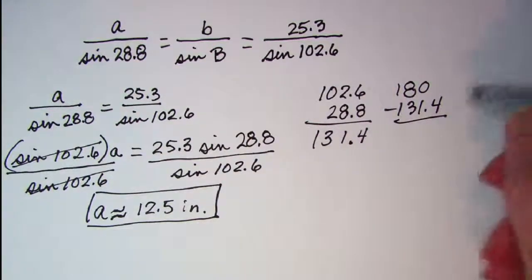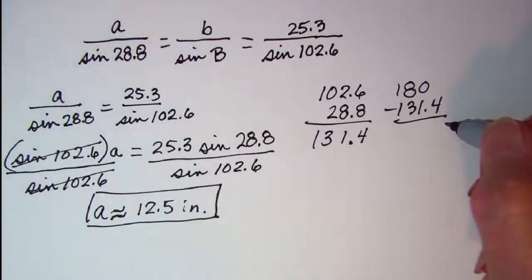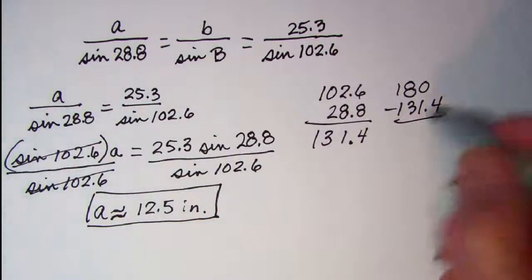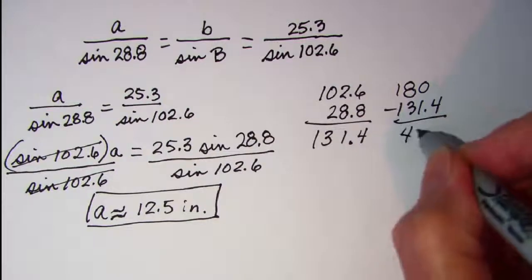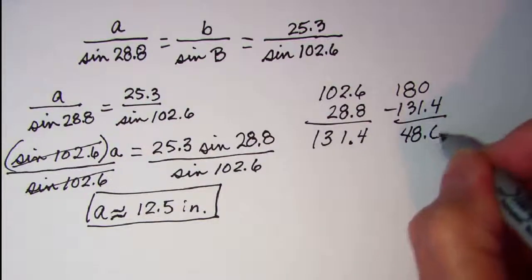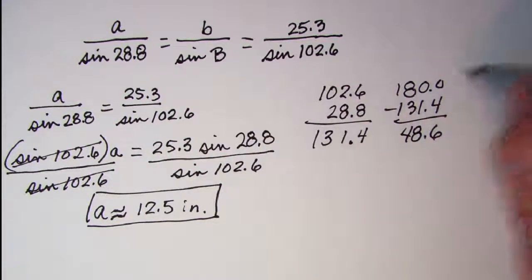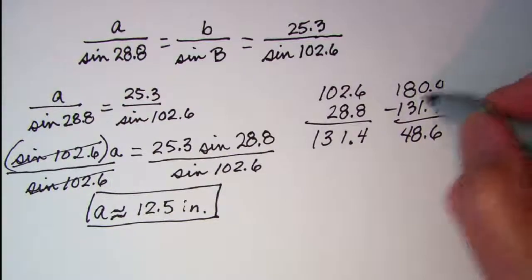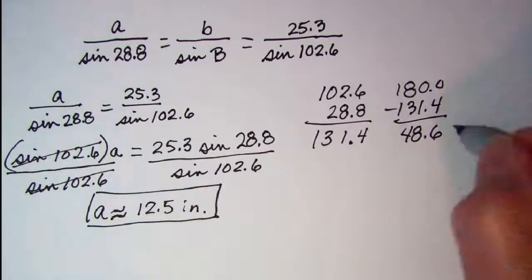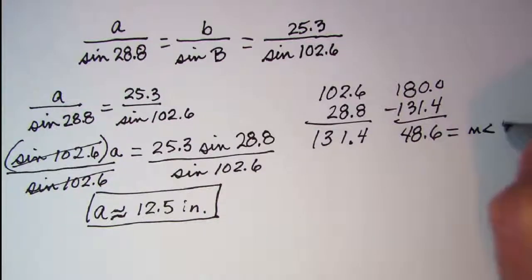And I'll get angle B is 48.6. Don't forget you annex a 0 here and borrow. So this is the measure of angle B.